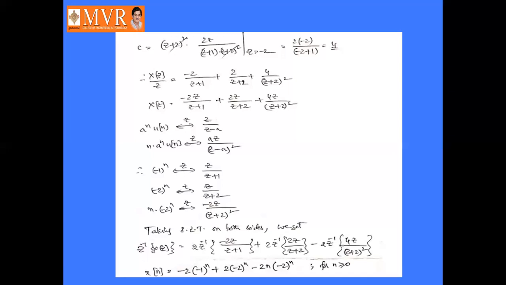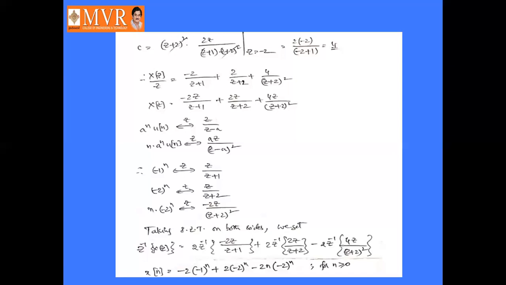So taking the inverse z transform on both sides, we get the inverse z transform of X of z equals minus 2 into the inverse z transform of z by (z plus 1), plus 2 into the inverse z transform of z by (z plus 2), minus 2 into the inverse z transform of 2z by (z plus 2) whole square.